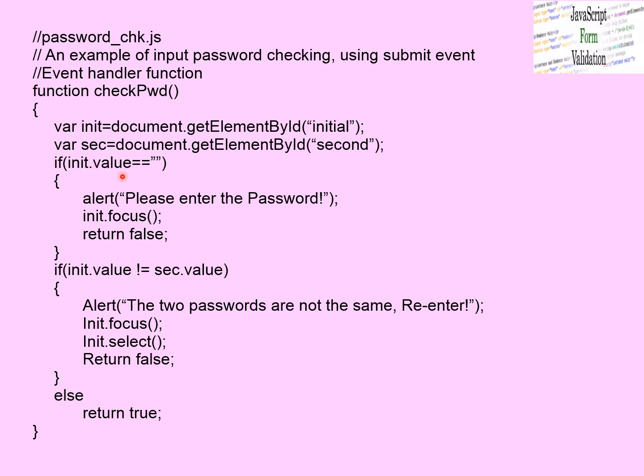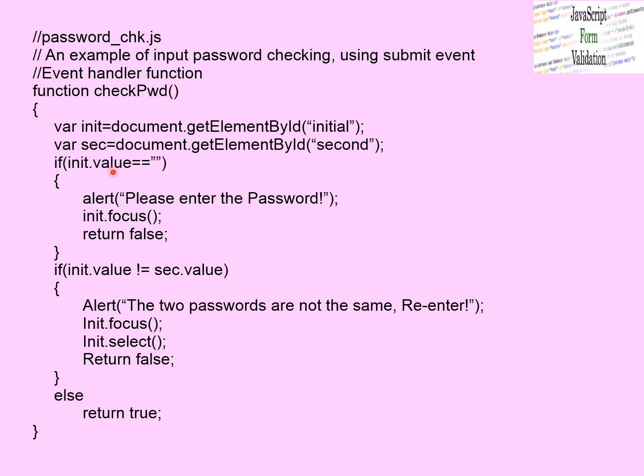If init.value is equal to an empty string, first of all we are checking whether there is any value in the initial text box. If init.value is an empty string, it produces an alert message like "Please enter the password." After that, it moves focus to the initial element using the init.focus method, then it returns false because there is no password.